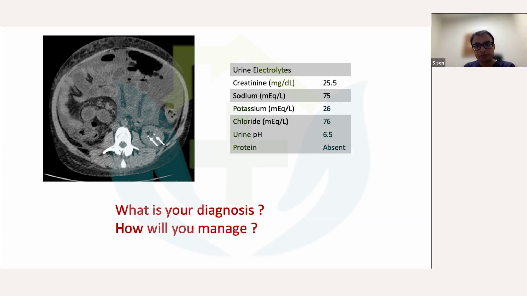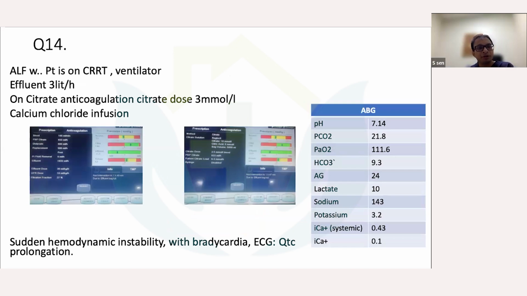Okay, sure. We'll continue. One patient with ALF, acute liver failure, is on CRRT and on a ventilator, with an effluent dose of 3 liters per hour, on citrate anticoagulation with a citrate dose of 3 millimole per liter, and with calcium chloride infusions.